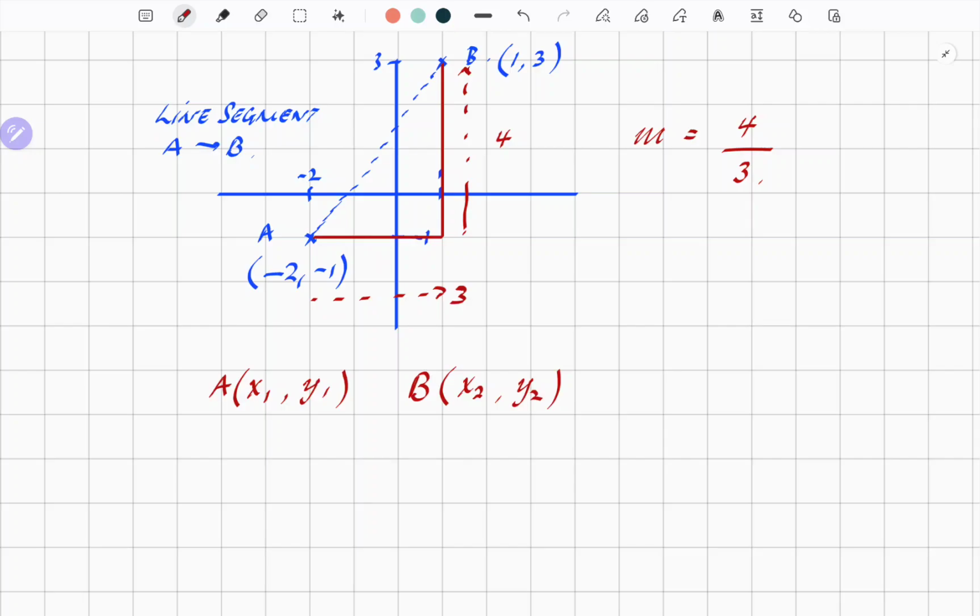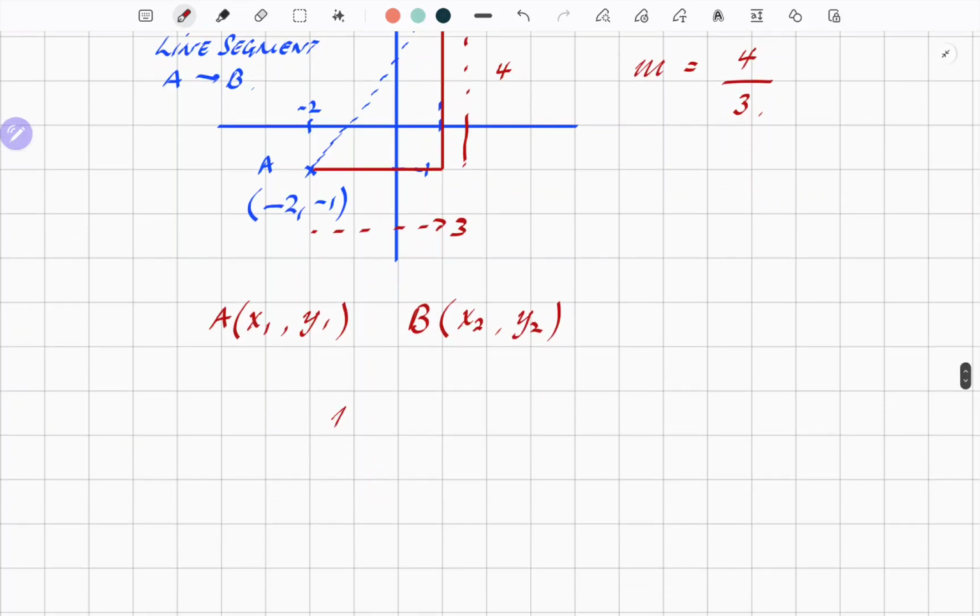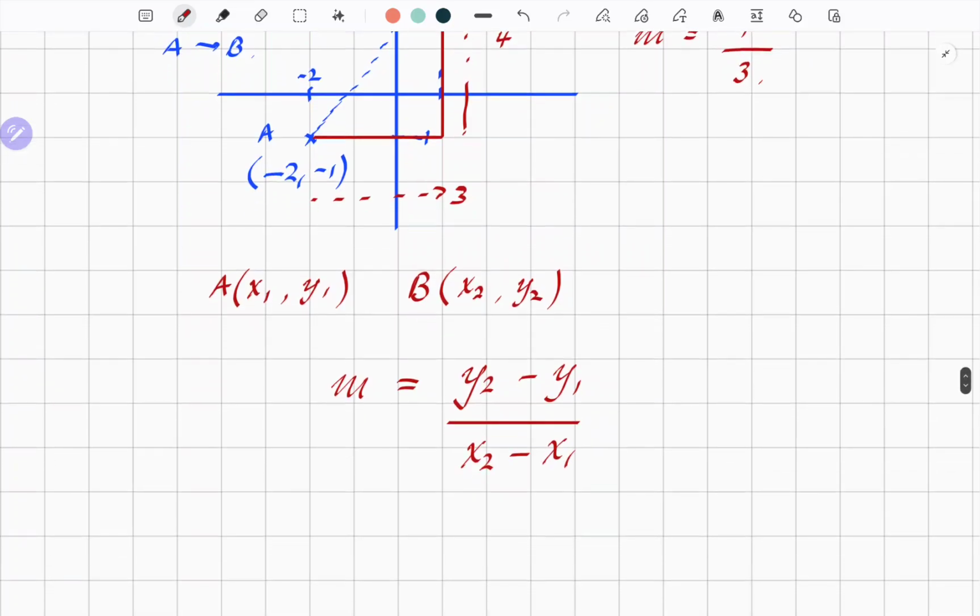So any 2 points with different xy coordinates, the formal version of the gradient formula is this. The y difference is y2 minus y1 over x2 minus x1. That's what you've been shown.